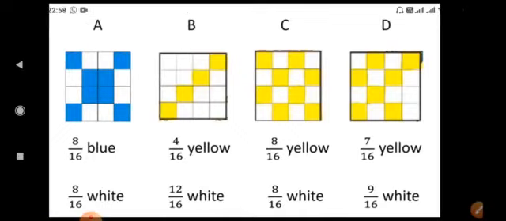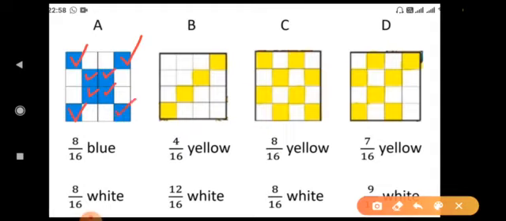Here in square A, if I want to write fraction for blue parts, then I will write 8 upon 16, because let us count these blue squares: 1, 2, 3, 4, 5, 6, 7, 8. That's why I have written 8 in numerator.